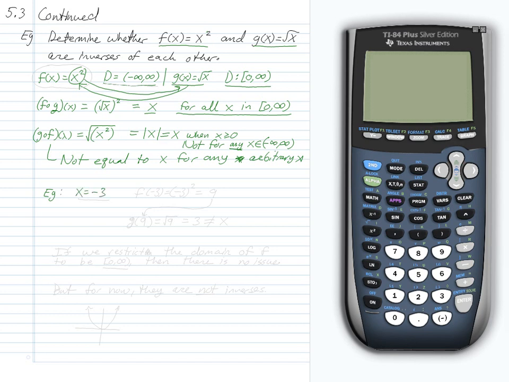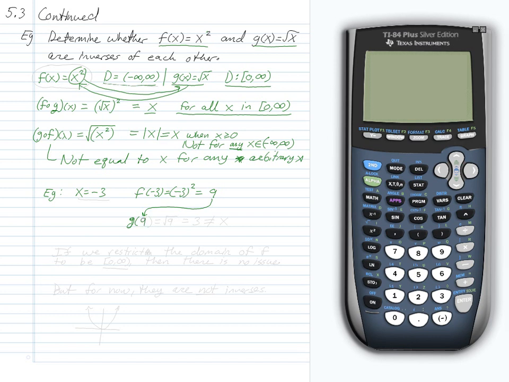Okay, so we're going to take x equals -3. f of -3 equals -3 squared, which is equal to 9. So we'll take that output and plug it into our supposed inverse function and see what g has to say.